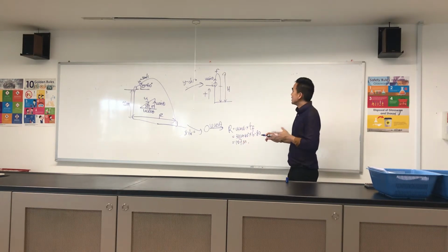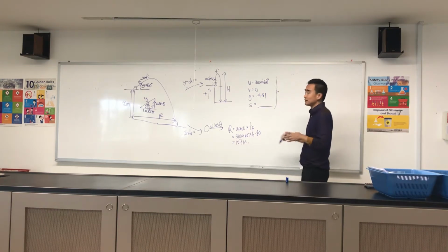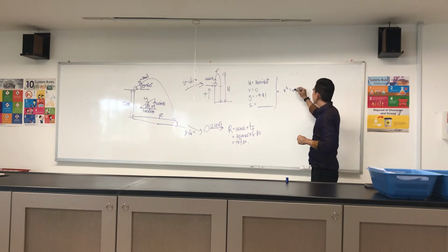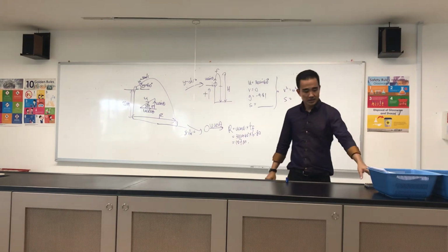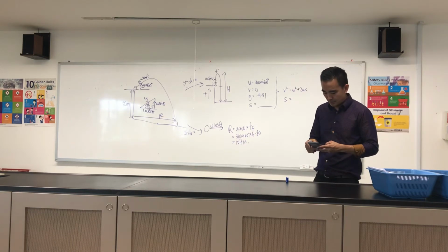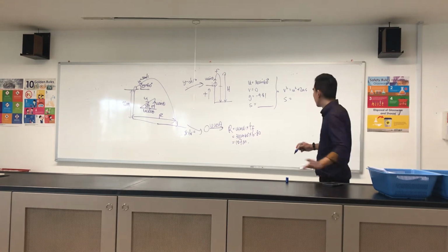Once we are clear about that, the initial u will be 30 sine 60, the final is 0, the g is minus 9.81, and s is what we want to find. So the equation that doesn't have t is v squared equals u squared plus 2as, and you find that s is equal to 30 times sine 60 squared divided by 2 times 9.81. You're going to find it as 34.4.